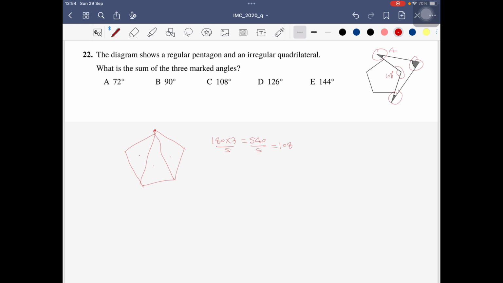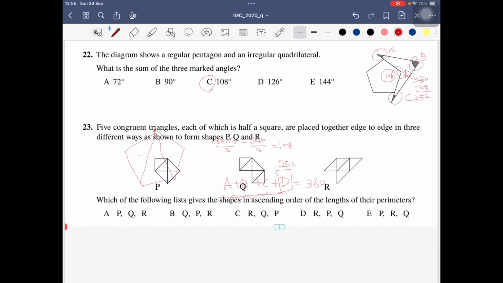Let's say A, B, C, D, 360. And now we want to know this. So if we know the measurement of angle D, then we will know ABC. So D becomes 360 minus 108, 252. So D is 252. Ooh, actually, which means 108 is the answer.